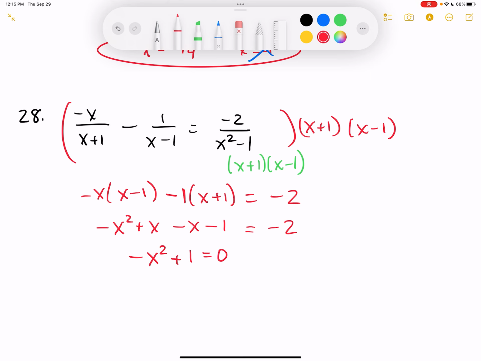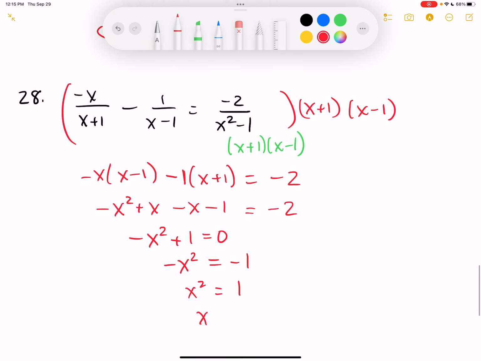So then get x by itself, move the 1 over, negative x squared equals negative 1, x squared equals 1, x equals plus or minus 1. But what's going to happen if I plug those in?